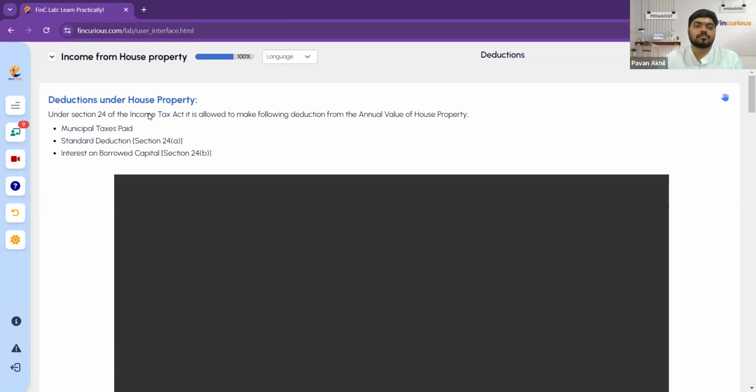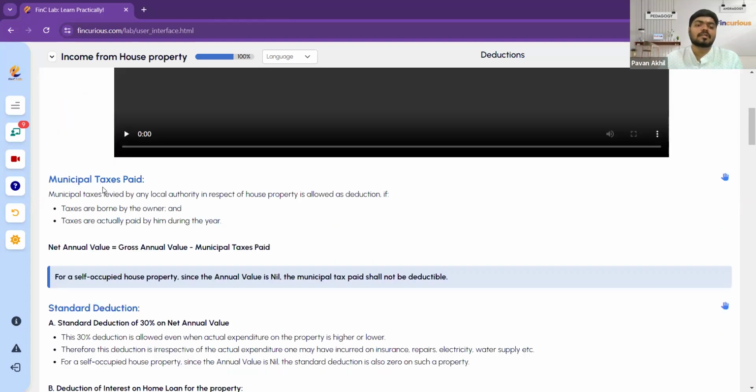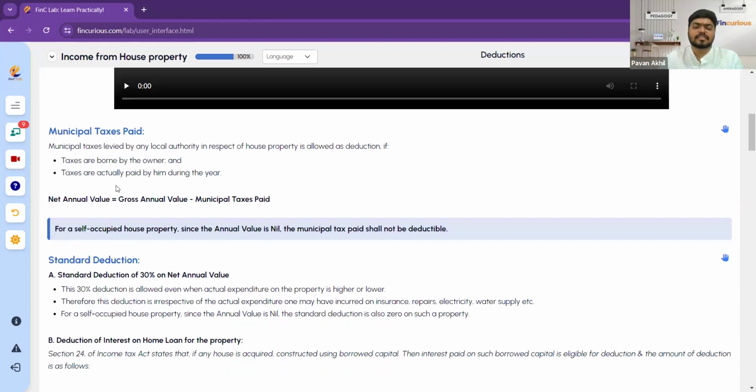So deductions under house property are municipal taxes paid, standard deduction and interest on borrowed capital. Let us see what is this municipal taxes paid. As I told you earlier, it is very simple. The municipal taxes levied by any local authority in respect of a house property are allowed as a deduction.